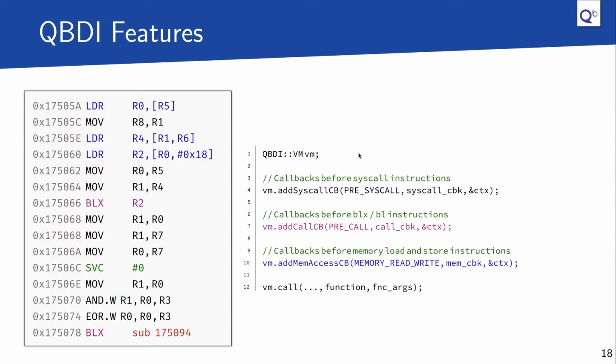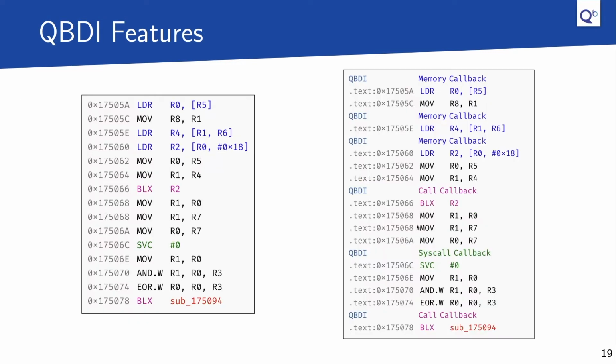With this API, you can say, okay, let's set up a callback on the syscall, a callback on the call instruction, and a callback on memory read or write access. You can also select only memory read, or only memory write. Then you will only have callbacks before the instructions you select through the API, and you don't pay the overhead for the other instructions.